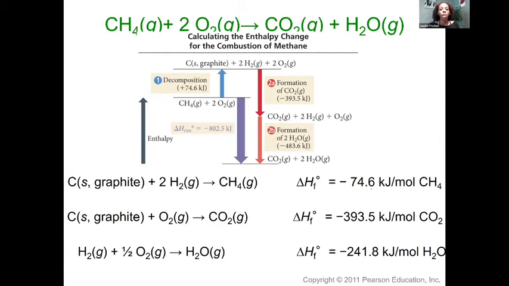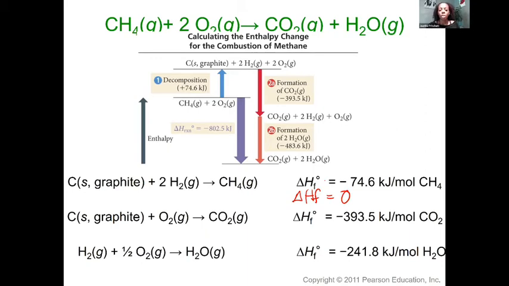For the formation of carbon dioxide, it would be negative 393.5. And for the formation of water, it would be negative 241.8 kilojoules. You'll notice there's no value listed for oxygen, because O2 in its standard state has a value of 0. You could list one if you wanted, but the value would be 0.